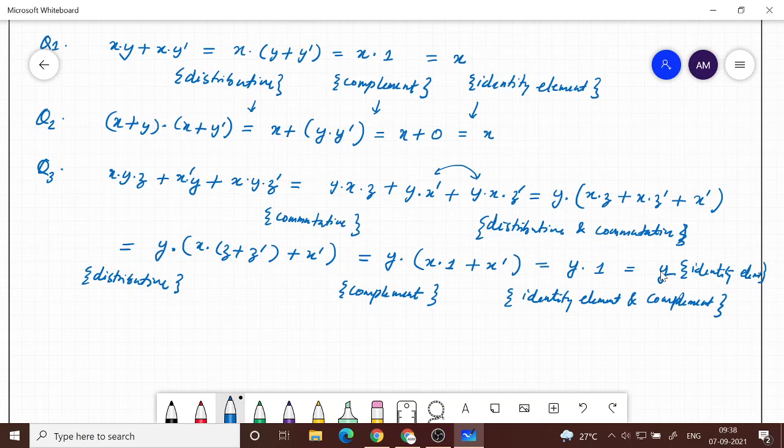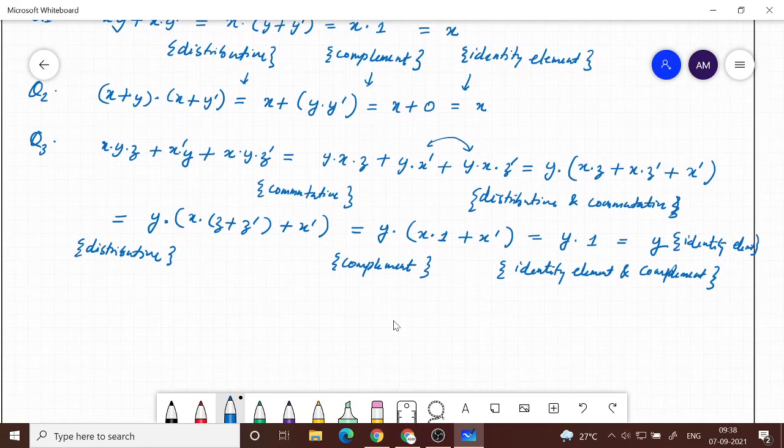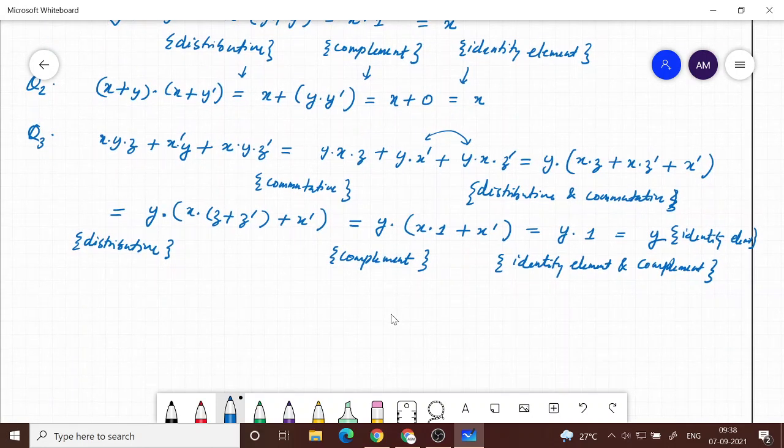Okay, the expression was just y, but if you look at this, it looks very complicated. So simplification of Boolean expressions is a very important thing. Otherwise we would require unnecessarily many gates to implement the given Boolean function. Actually the given Boolean function was y, and if you wanted to implement y, you don't need to do anything.